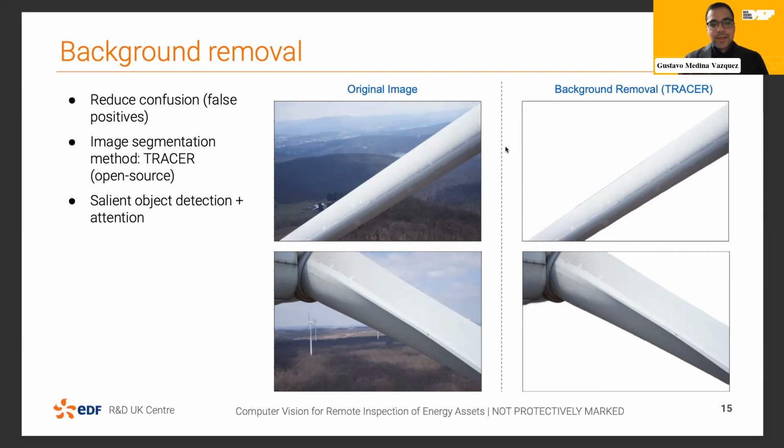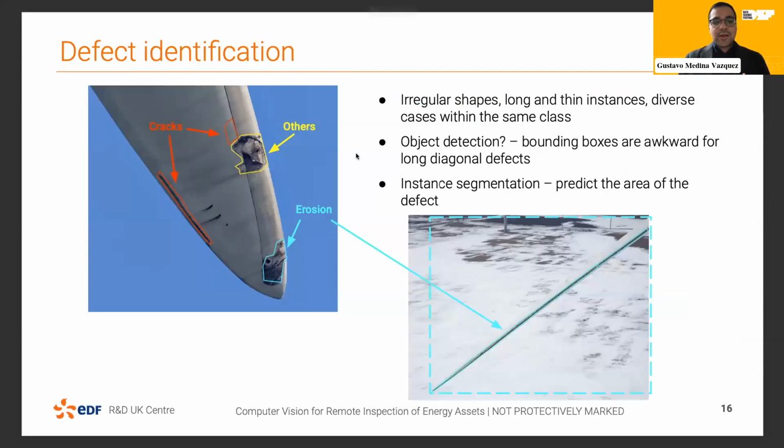Now, I want to talk a little bit again about the type of defects that we may encounter, because it is important to understand what type of defects we want to detect in order to develop the actual model. And here I'm showing a few examples of the different things that we may find all in a single image. As you can see, some defects may be very obvious, like this very long, dark, thin crack appearing here, while in other cases, they may be much more subtle, like the much smaller cracks shown in the other rectangle here.